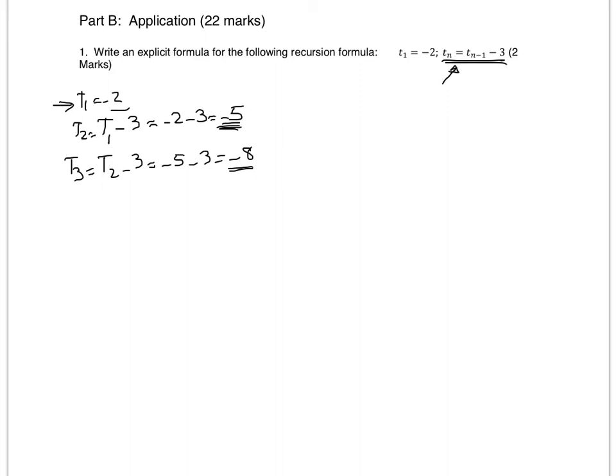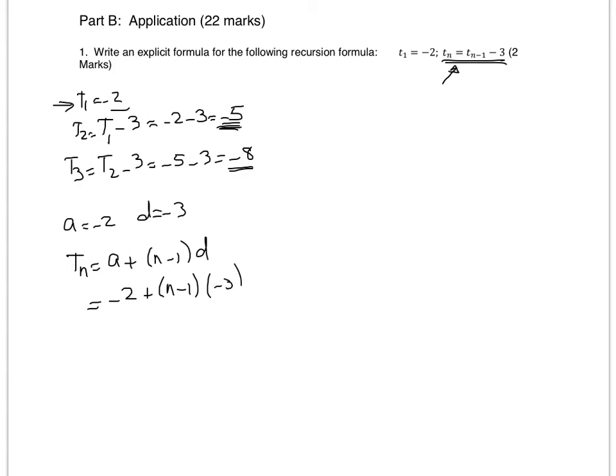So we know that we are dealing with an arithmetic sequence with a is negative 2 and d is negative 3. So we can say that Tn by definition is a plus n minus 1 times d. So we say that Tn is negative 2 plus n minus 1 times negative 3.